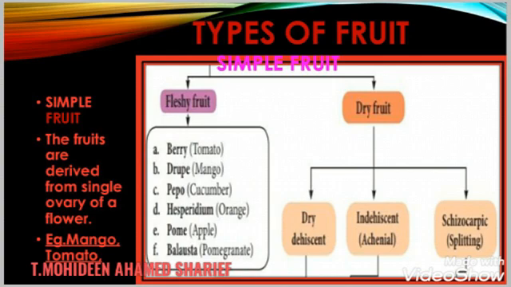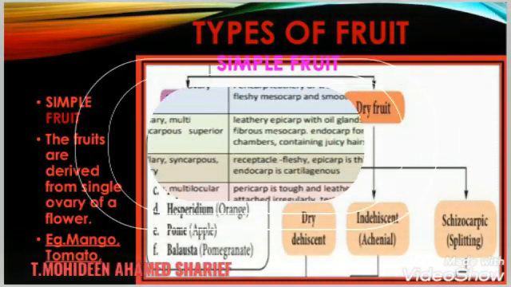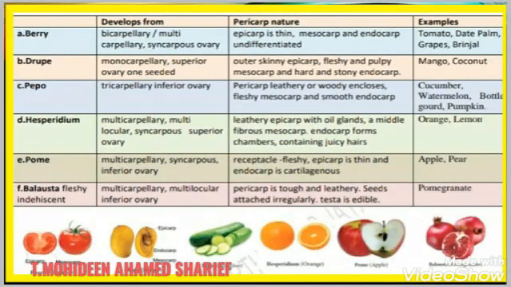And in indehiscent, achene, cypsela, caryopsis, nut, samara and utricle. And in schizocarpic comes cremocarp, carcerulus, lomentum and regma. So these are all the types of the dry fruits. So they have been given with the examples.